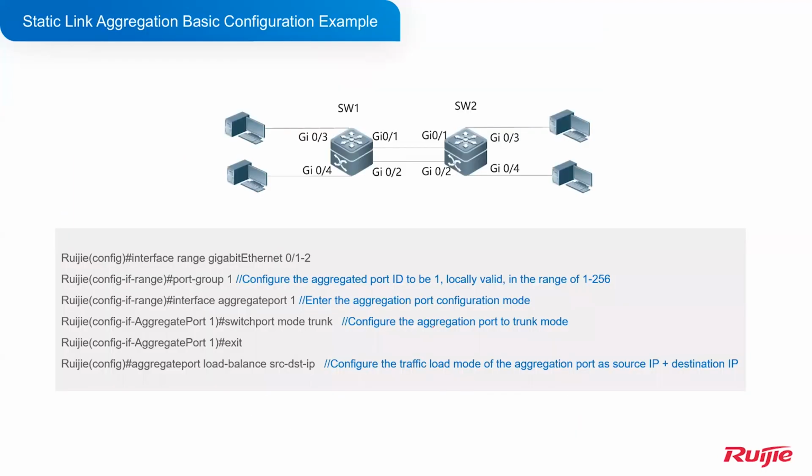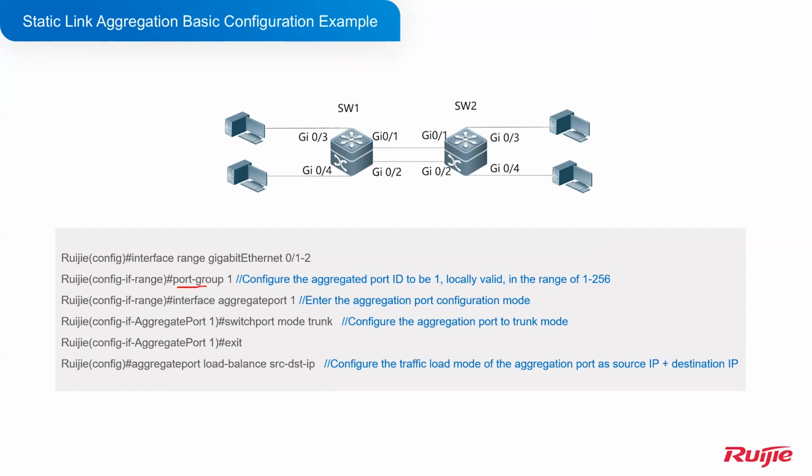After knowing these commands, next let's see an example. Now, between SW1 and SW2, we are creating aggregate ports. So here you can see interface range GigabitEthernet 0/1 to 2. So we are configuring both G0/1 and G0/2 at the same time.